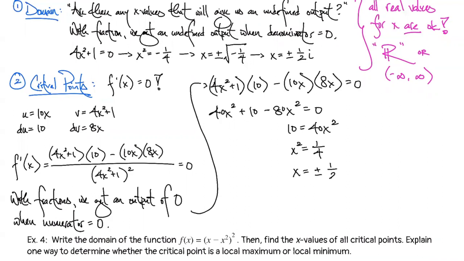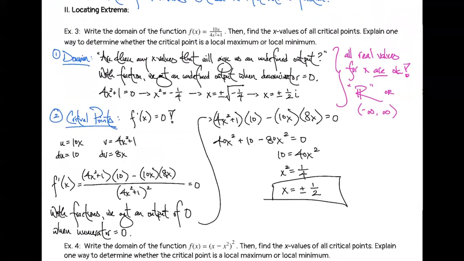And the square root of 1/4 is 1/2. That means that we have 2 critical points. All right, we have 2 critical points on this graph, 10x over 4x squared plus 1.